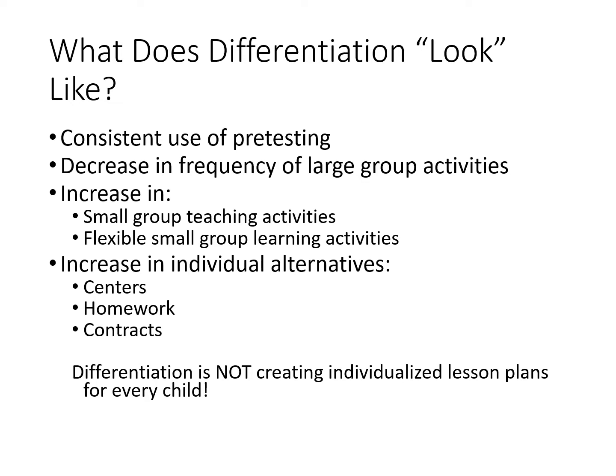But since we have this one lesson, we won't be going into differentiation by interest or learning styles. If you're interested in that, I suggest you look it up and Google it because it's fascinating and really something that you can do in your classroom that helps motivate students. We're going to be talking about differentiation by ability. So meeting the needs of those students who have lower ability and higher ability in your classroom.